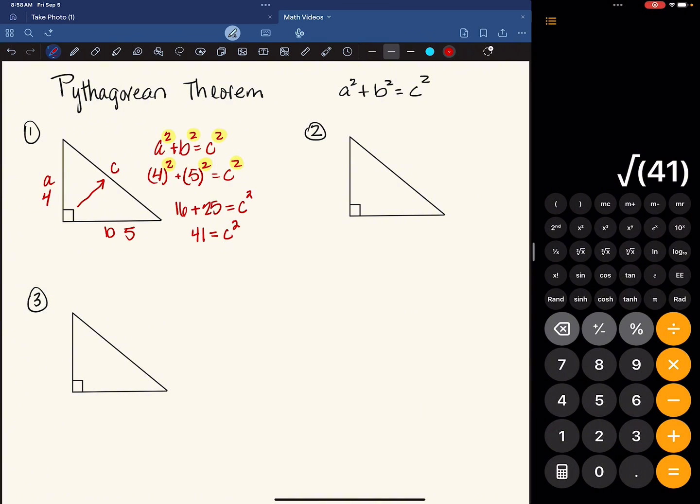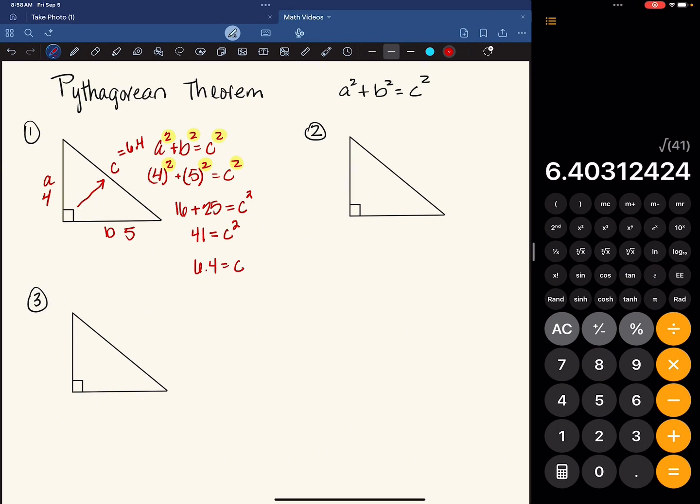Once you hit the square root button for 41, we're going to hit enter. So we got 6.40. You can round this to whatever you want to. Normally I have my students round this to the nearest tenth. So that means that 6.4 is C. So right over here I can write equals 6.4. Okay, so that's one way of doing it.